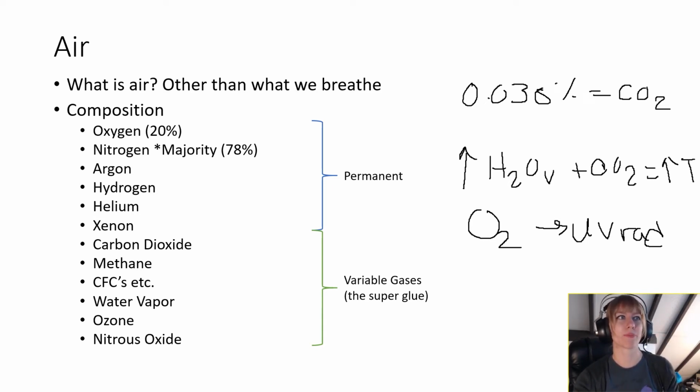Ozone is found primarily in the upper atmosphere, such as the stratosphere. Oh, I'm sorry, it's not O2, it's O3. I take that back, O3. O2 is oxygen.